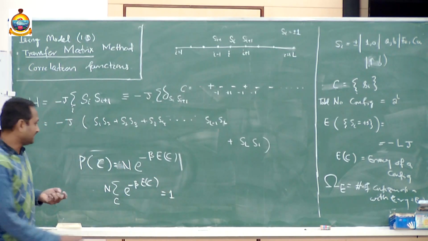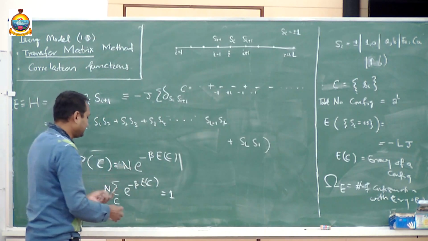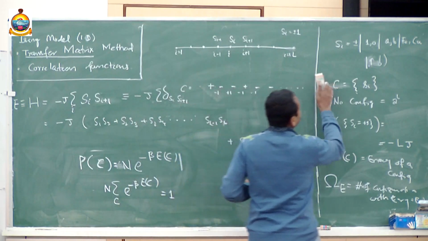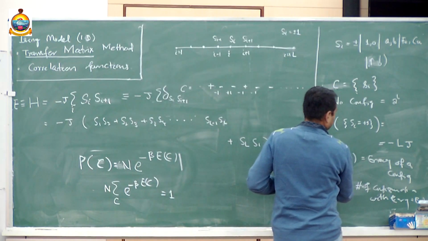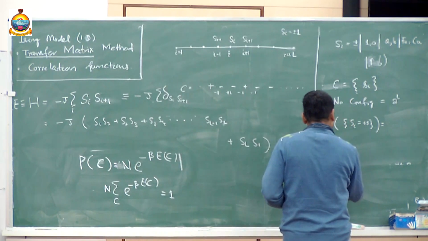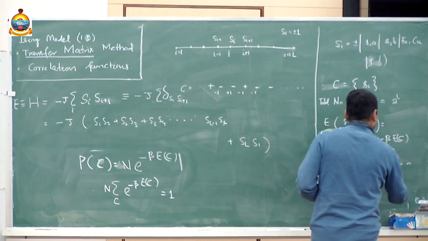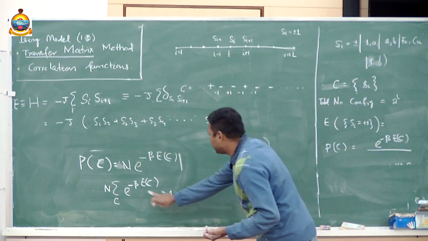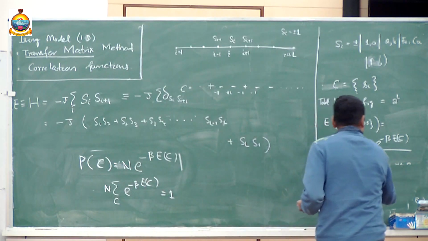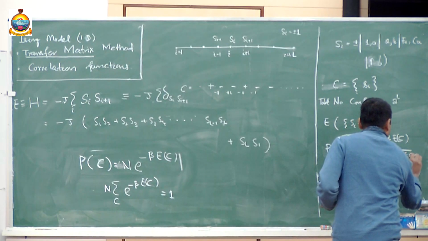So N equals 1 divided by the summation over C of e to the power minus beta E of C. The full expression is therefore: probability of C equals e to the power minus beta E of C divided by the summation over C of e to the power minus beta E of C. Okay.